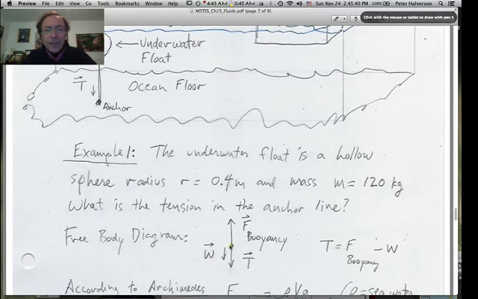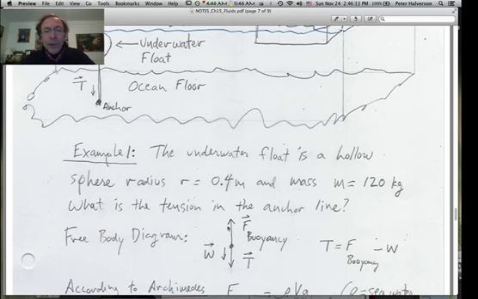This dot here in the middle is the float itself, and the longer downward vector is the downward pull of the rope, and in addition to that, we have the weight of the shell of the float itself, the weight of the 120 kilograms.